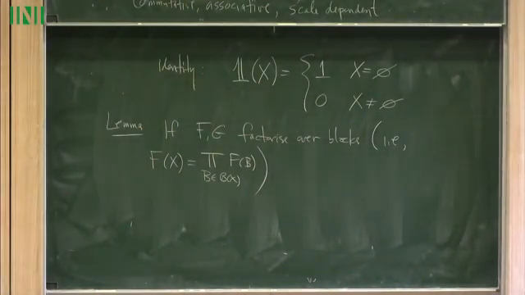An example of an f that factorizes over blocks is this e to the minus vx. That e to the minus vx is the product over the blocks in x of e to the minus vb. So that's a good example of what one of these f's or g's might be.